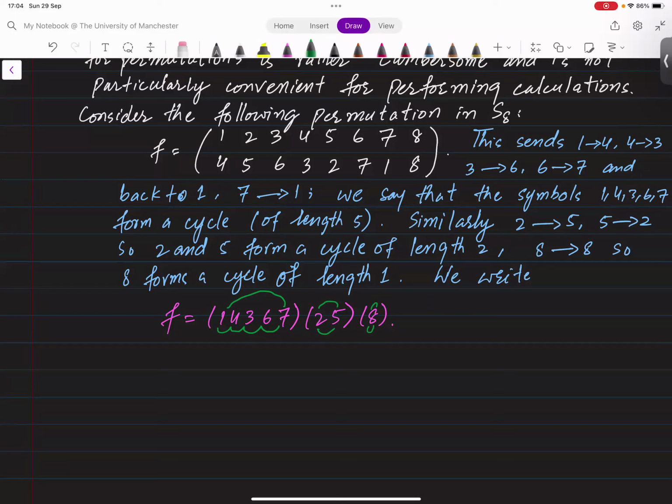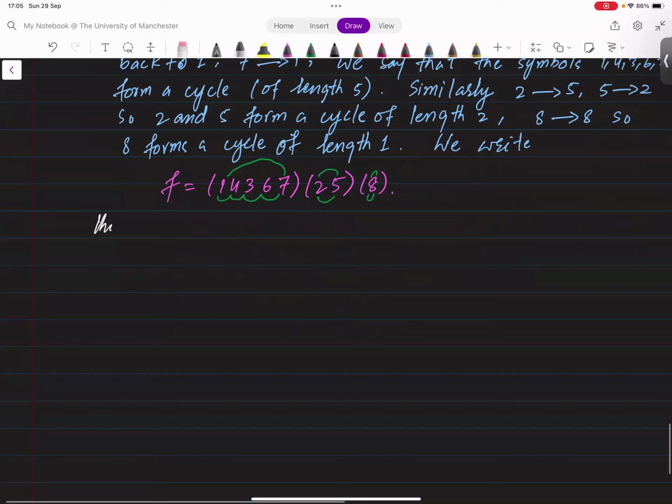Now the notation indicates that each number 1, 4, 3, 6, 7 in the first cycle goes to the next one, except for the last, which goes back to the first, and likewise for the second and third. This is the cycle notation for F.